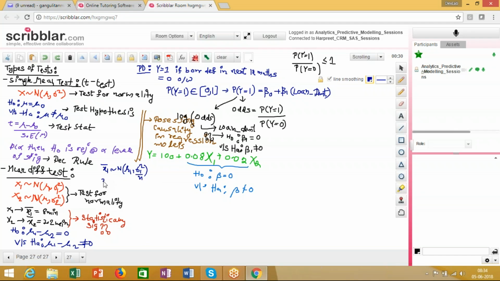The next part is x2 bar, which follows a normal distribution with mean mu 2 and variance sigma 2 square by n.